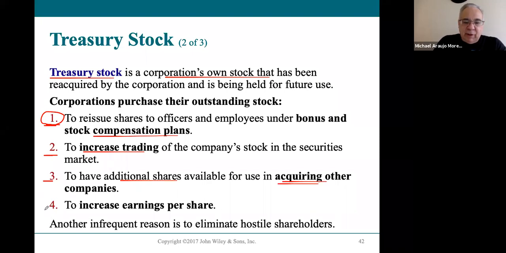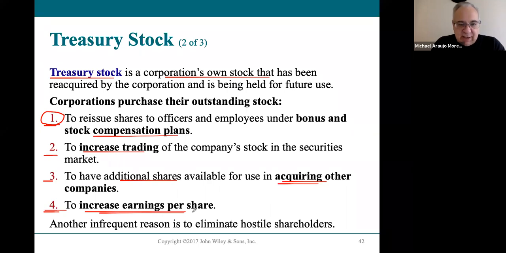Part of the manipulation of buying your own shares is there's less shares outstanding, which means that when you take your net income and divide it by the total shares outstanding, there's less of them. That means your earnings per share look higher, because corporations cannot get earnings per share. So their treasury stock is not counted towards earnings per share.